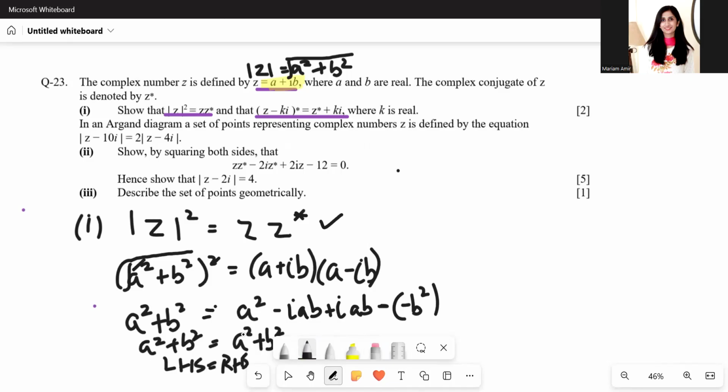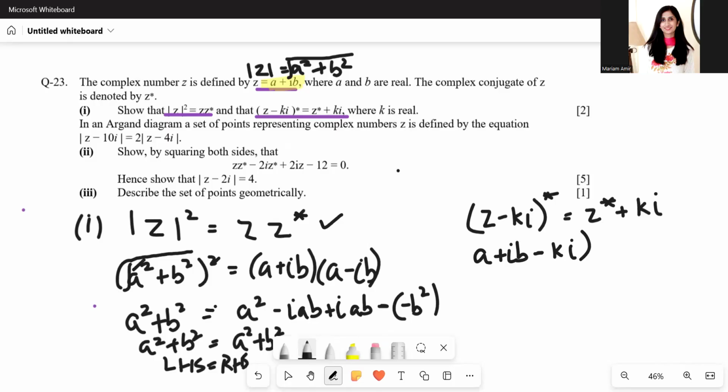Next we have to prove that z minus ki whole conjugate, let's write that down, must be equal to z conjugate plus ki. So z minus ki would be a plus ib minus ki, whole conjugate, equals a minus ib plus ki.